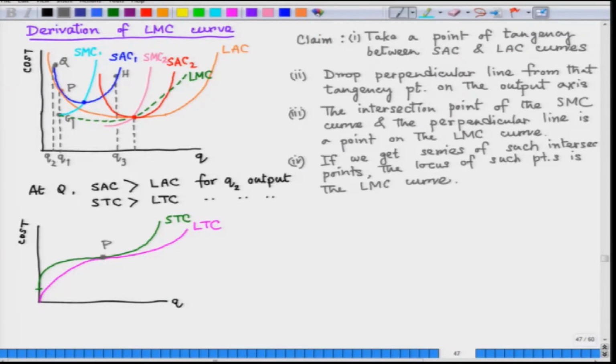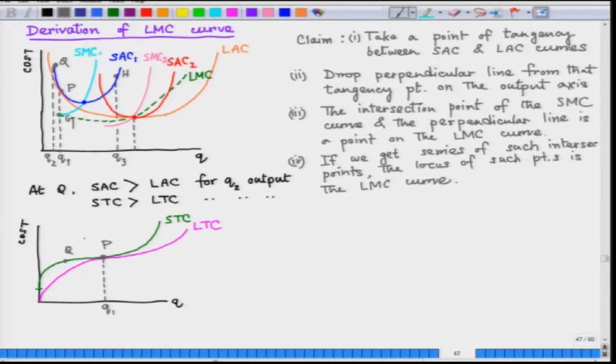Okay, fine. So now how do we denote the point Q from panel A in this panel B diagram? So point P corresponds to Q1 level of output, right. Now if I want to talk about point Q, it will be on the short run total cost curve, but not on the long run total cost curve, because it is not a tangency point.